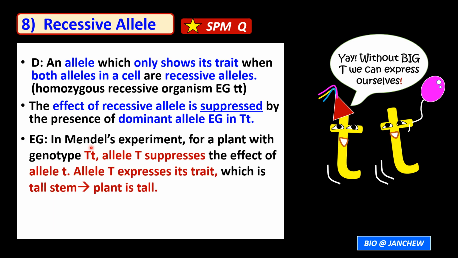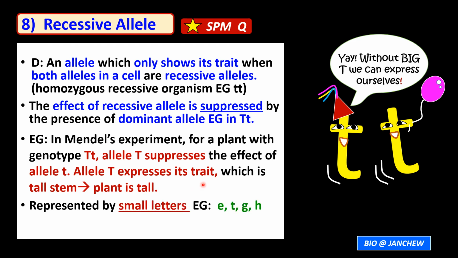Example, in Mendel's experiment, for a plant with genotype big T, small t, allele big T suppresses the effect of allele small t. So allele big T will instead express its trait while suppressing the effect of allele small t. And so the plant will be tall because the big T allele is the allele for tall stem. That is the way that allele big T expresses its trait.